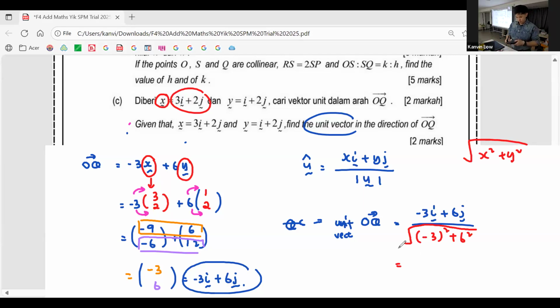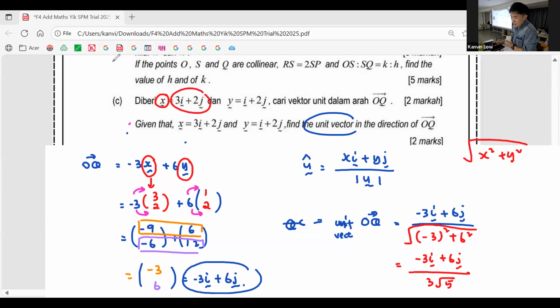Then you get the answer: -3i plus 6j over 3 root 5. Any question?